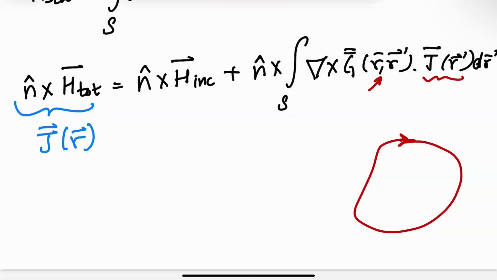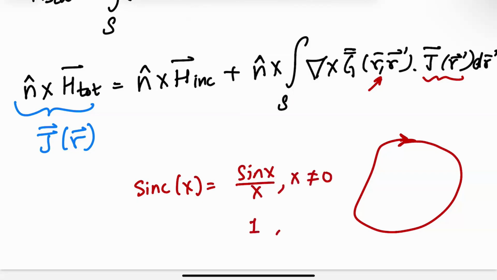So in order to remove the singularity, we will look at this term and try to evaluate it a little bit carefully. And we looked at what removing a singularity means the last time, right? Similar to how a sinc function, we define it as sine x over x when x is not equal to 0 and it's equal to 1 when x is equal to 0.